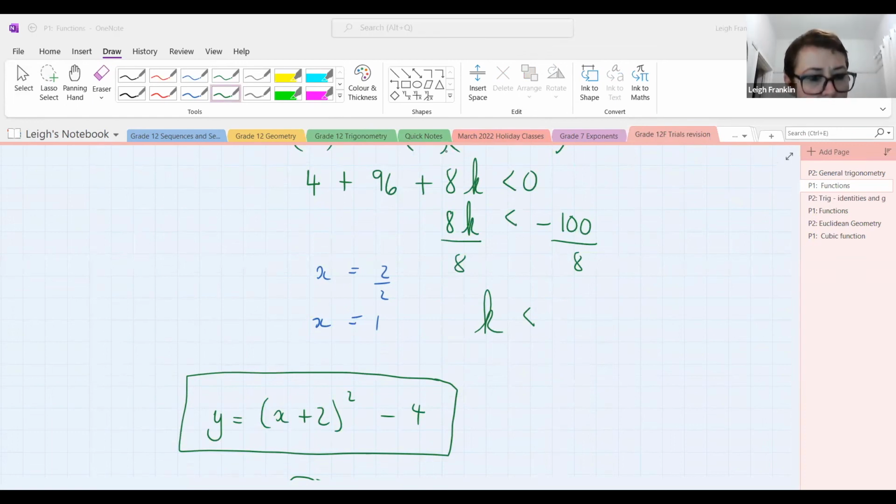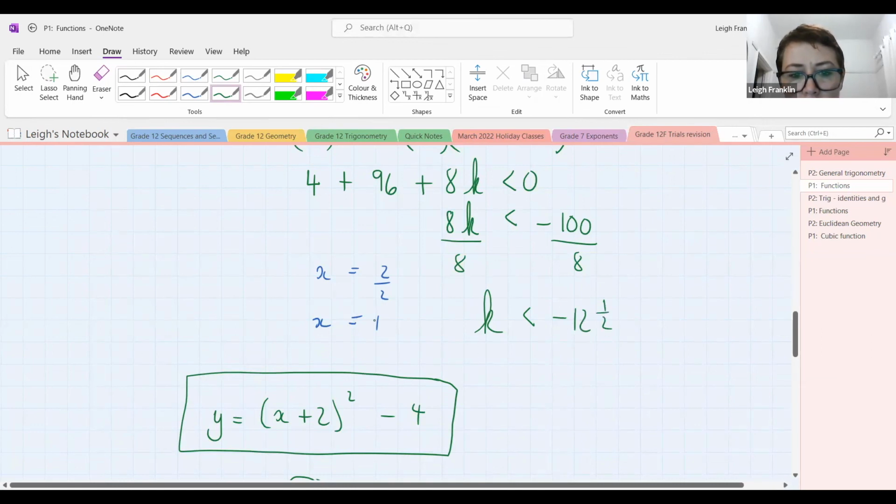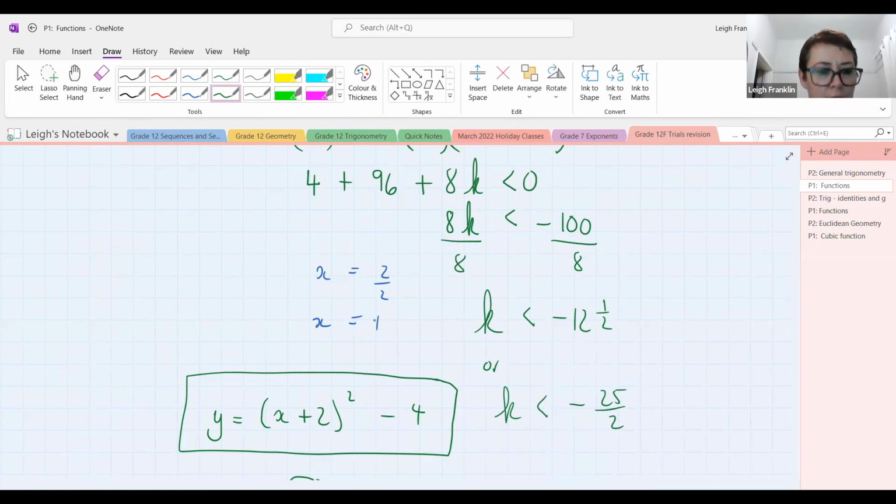Sorry, negative 12 and a half. Or you could write k is smaller than negative 25 over 2. There's nothing wrong with that. That's okay.